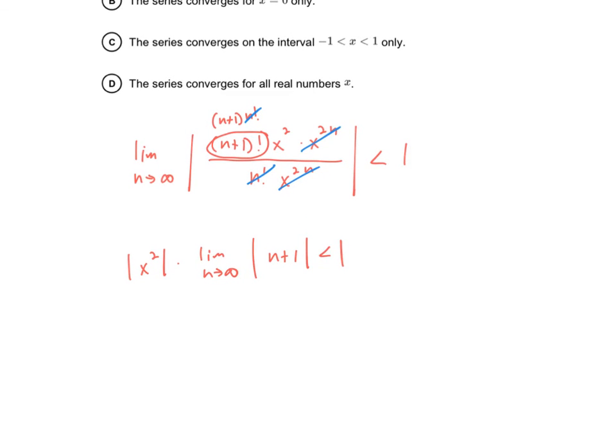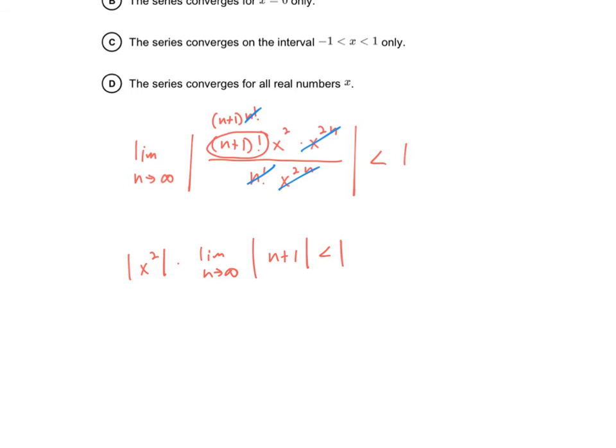All right, so obviously this here is infinity, right? So if now we can see if x is... actually, let me think about this. Maybe I shouldn't have pulled out the x squared.